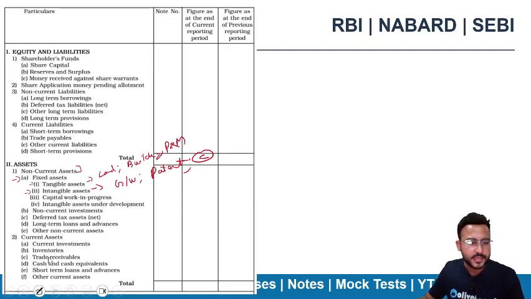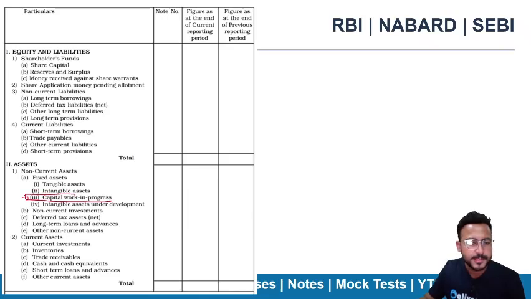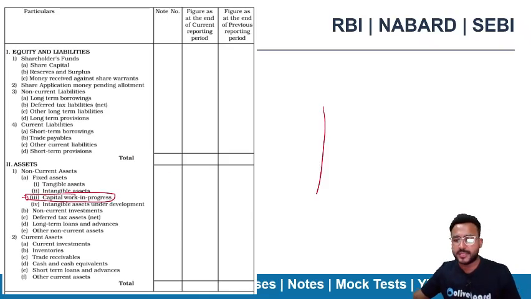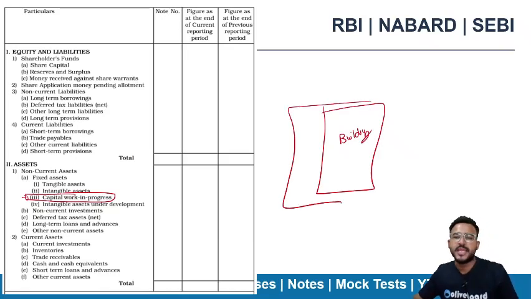Then we have capital WIP, capital work in progress. Let's suppose I am constructing this building, but it is still in progress. It is not completed yet. So I can't show it in my tangible assets, right?